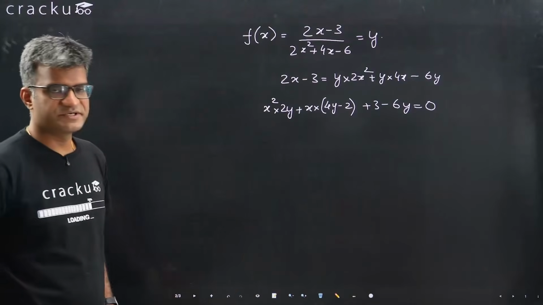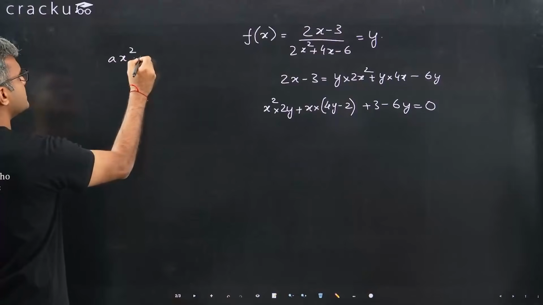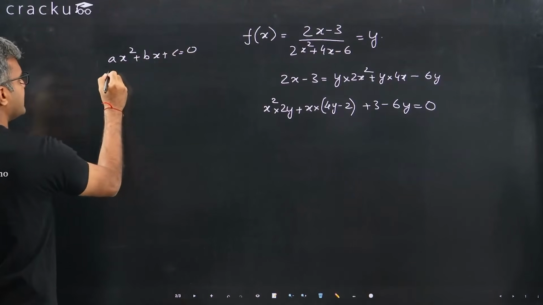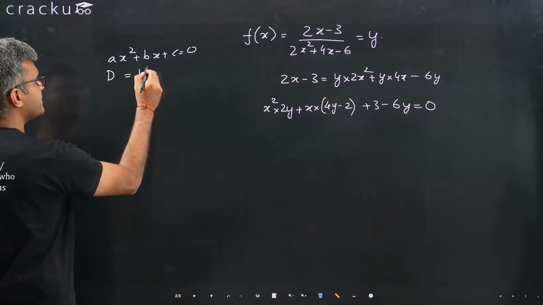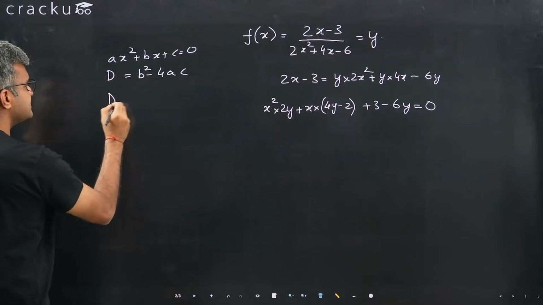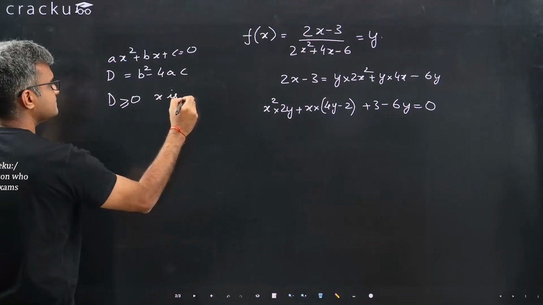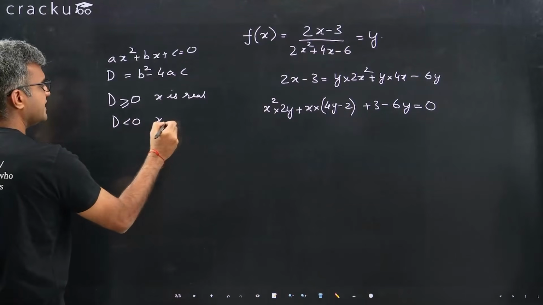This is a quadratic equation in x. We know that for any quadratic equation, ax square plus bx plus c is equal to 0, we have something called the discriminant d, which is equal to b square minus 4ac. Now, if d is greater than or equal to 0, x is real. There will be real values for x. If d is less than 0, x is not real.